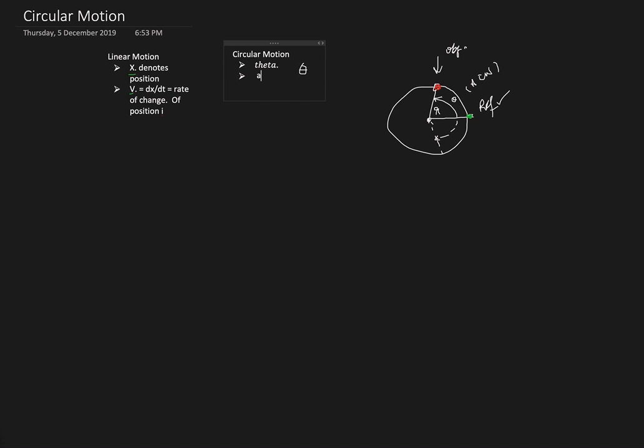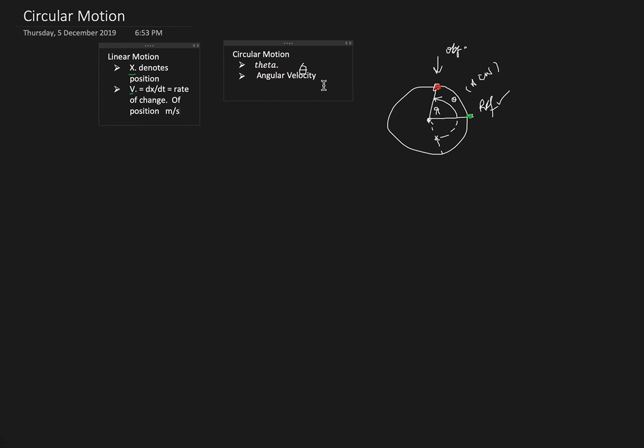What could angular velocity mean? Drawing a reference from linear velocity, which means the rate of change of position with respect to time, position is in meters, so the units are meters per second.